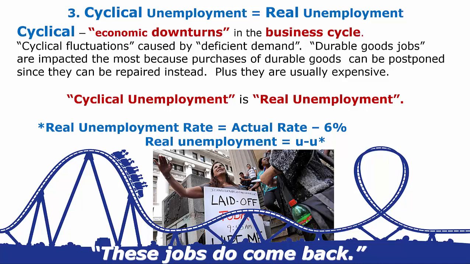So I had already mentioned that cyclical unemployment is real unemployment, but we have a term called the real unemployment rate. And the real unemployment rate is referring to the actual rate of unemployment minus 6%. So let's say in our last recession, unemployment reached 12%. Okay? If we subtract 6% from that, our real unemployment during the recession was 6%. And that is the level of cyclical unemployment.